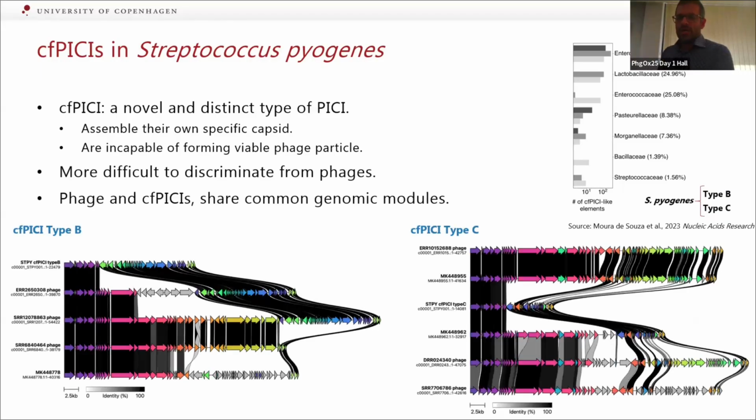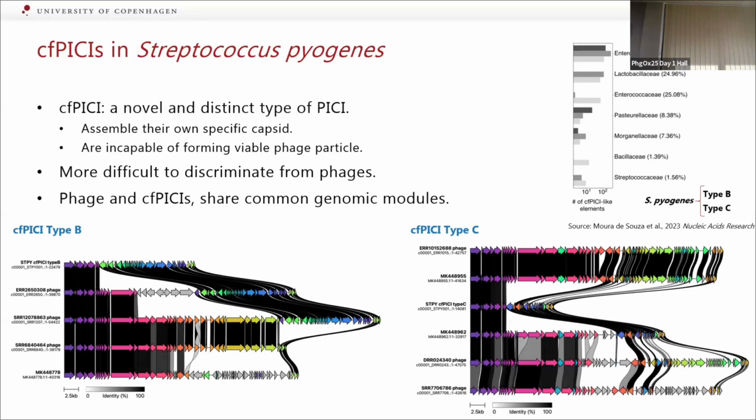But if we take a look at the matches and the patterns that we found, let's say the type B, for example, we can see that this CFP consists of the structural module that you can see over here, and then this other module of mostly hypothetical proteins.